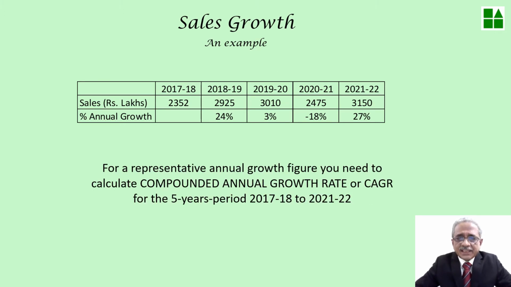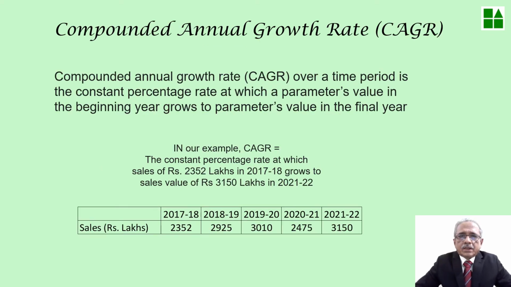For a representative annual growth figure, you need to calculate the compounded annual growth rate or the CAGR. So what is compounded annual growth rate? CAGR over a time period is that constant percentage rate at which a parameter's value in the beginning year grows to the parameter's value in the final year.